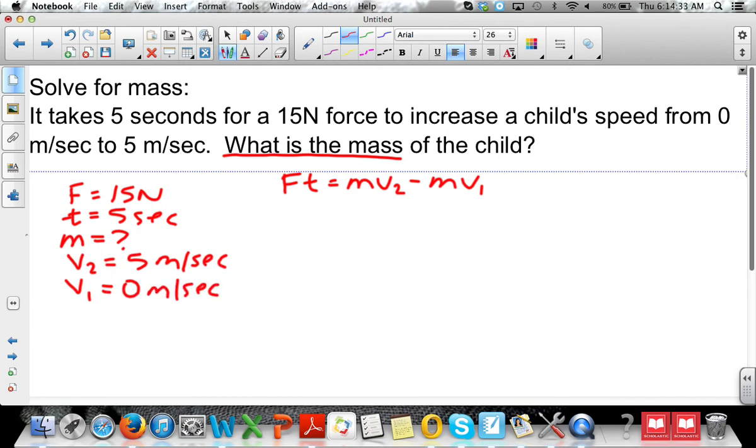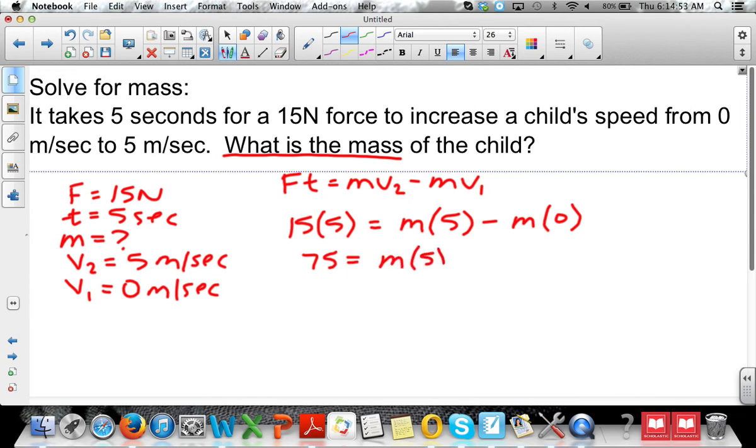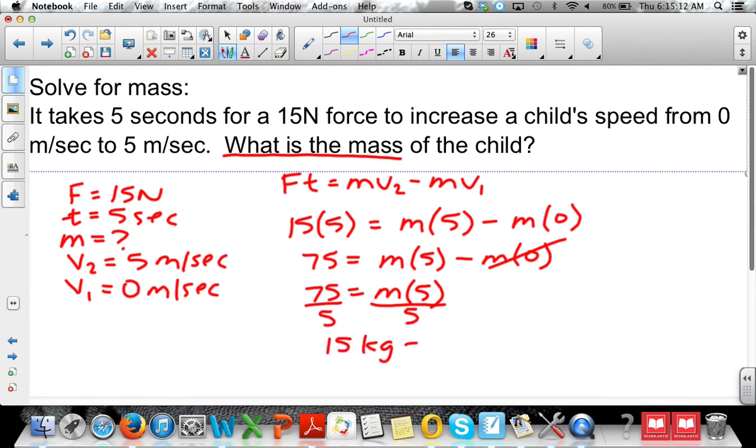So I'm going to go plug all this stuff in. Alright, so 15 times 5, I want to simplify. That is 75. Mass times 5 minus mass times 0. So the mass times 0, that's just going to go away. 0 times anything, it's just going to go away. So I've got 75 equals mass times 5. And the way to solve for mass, again, is to divide. So I'll end up with 15 kilograms.